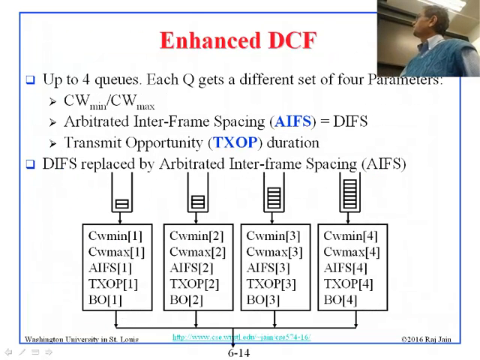So this could be changed so that this is smaller, this is larger, this is larger, this is larger. So these guys will have to wait for a long period before they can even draw their random number, because if the medium goes busy before that, then they say, okay, I'll try next time. If the medium is empty for that much period, then only you draw the random number, right? So these guys will get in faster, simply because AIFS is smaller.